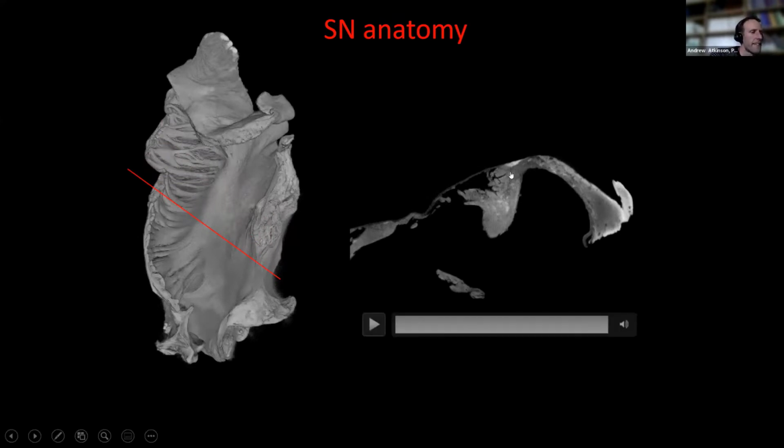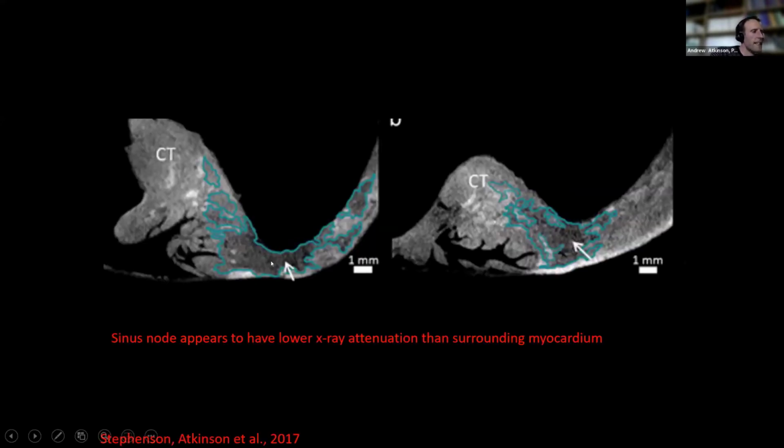And we can see this area in between the atrial muscle and going towards the superior vena cava, where there's this area of low attenuation. With the CT, we're able to segment out this area through each of our CT blocks.